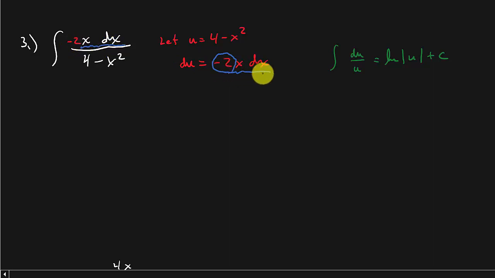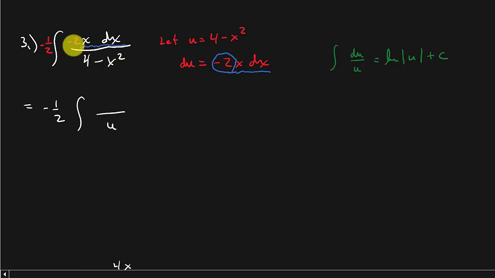But you just can't multiply something by a number other than what number? Other than the number 1. So if I multiply by negative 2, I can also come out here and multiply by negative 1/2, and that's the same thing as multiplying by 1. So this is going to equal negative 1/2 times the integral. In the place of 4 minus x squared, I'm going to put u.